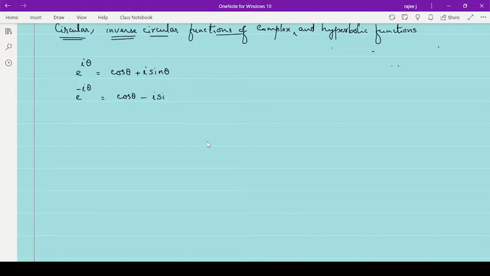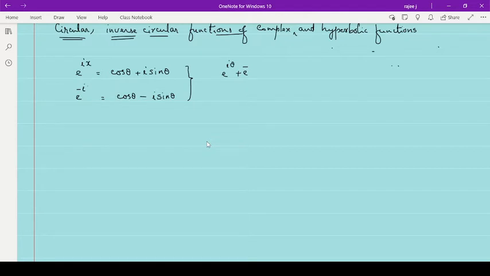Otherwise, when it is e raised to i theta, here it is plus and here it is minus. So actually it is e raised to i theta, cos theta plus i sin theta raised to minus 1. In that way it comes here minus theta. Now if I add these two, what I will get is e raised to i theta plus e raised to minus i theta. We will write x here.